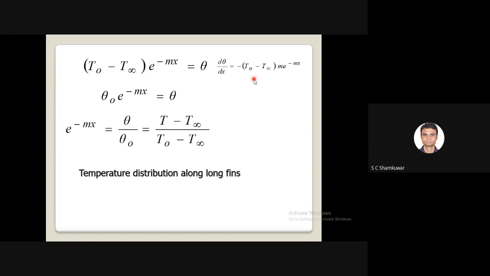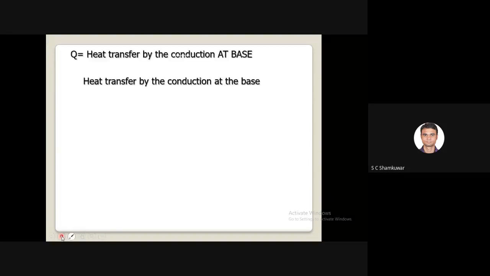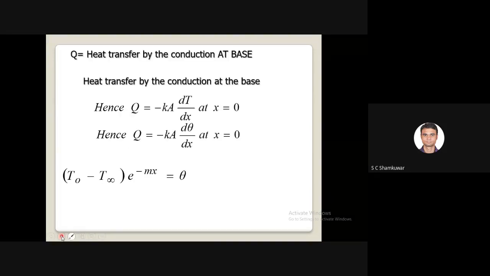So replace d theta by dx by what? Here again I have shown you theta is equal to this, so we have calculated d theta by dx.